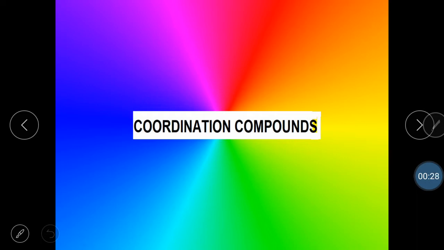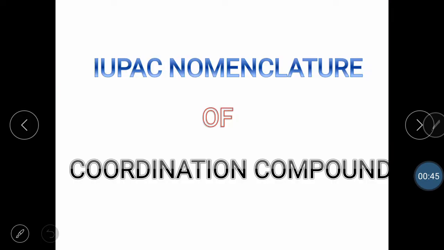Next, we discussed some important terms used in coordination chemistry, like what is a ligand and what is a coordination polyhedron. Now, in this class, we are going to discuss another important topic, the IUPAC nomenclature of coordination compounds.